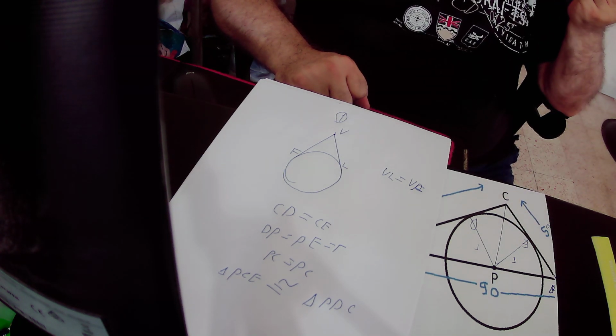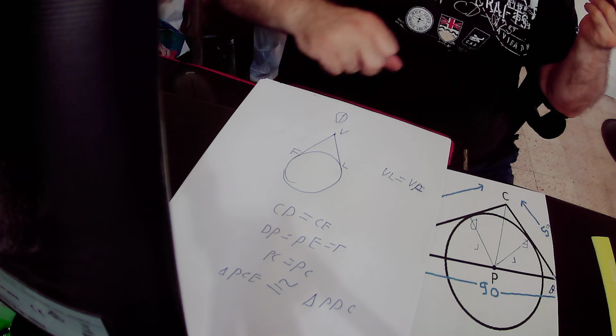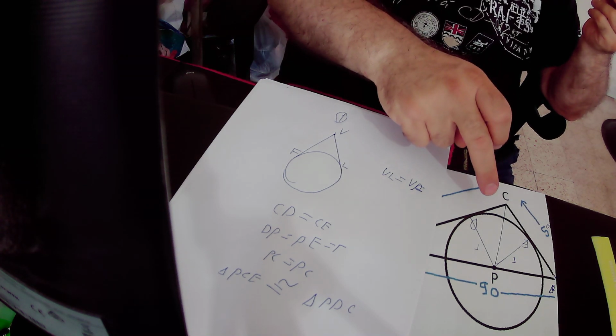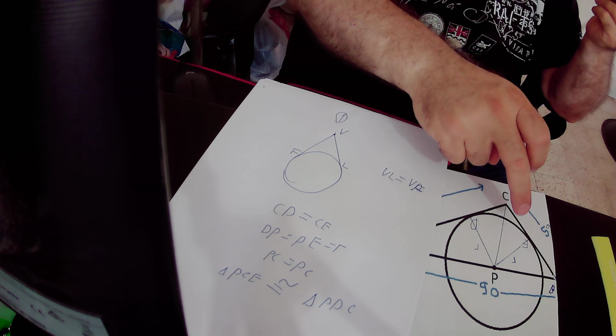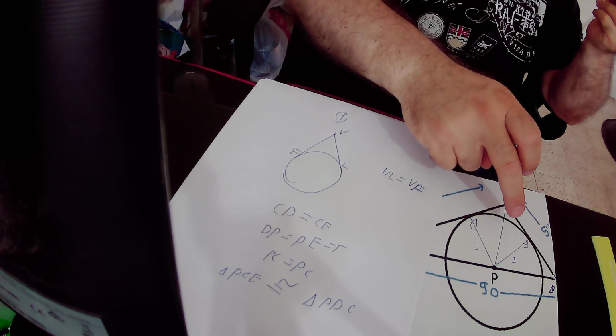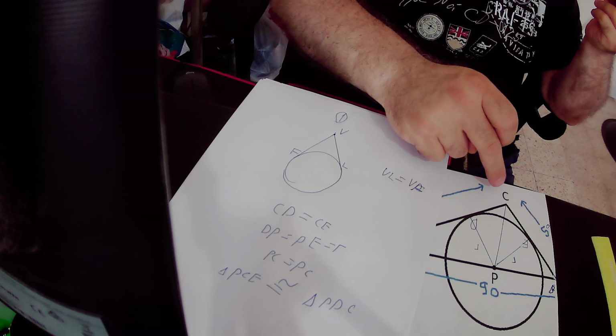So actually three sides of triangle CDP equal three sides of triangle CEP.